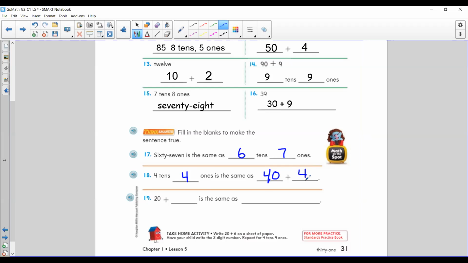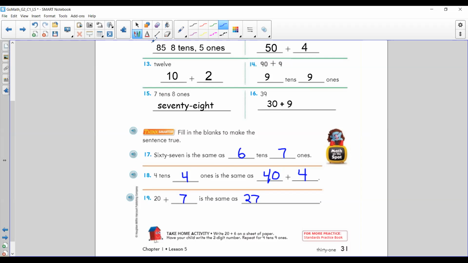It's just 4 ones. Oh, we get to choose another number less than 10. 20 plus, what's your favorite number? How about we do 7? Because we have a lot of children who are 7. So 20 plus 7 is the same as, you guessed it, 27.